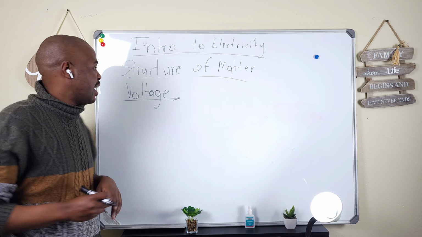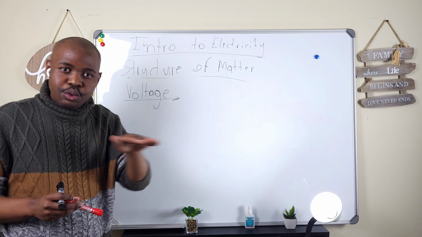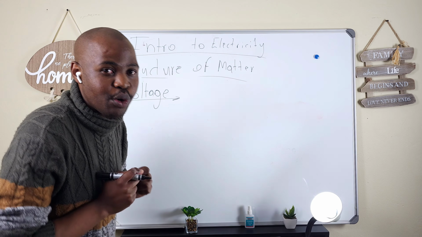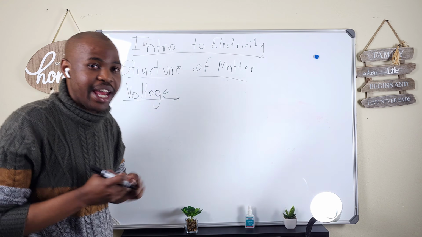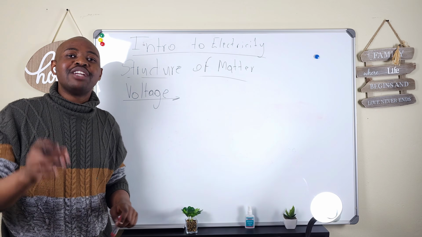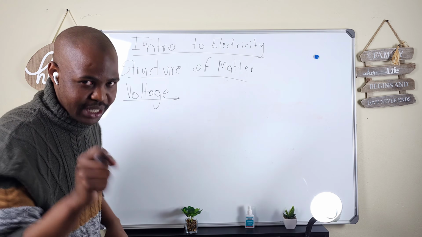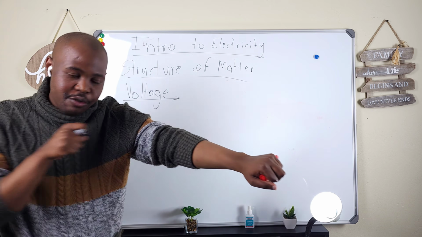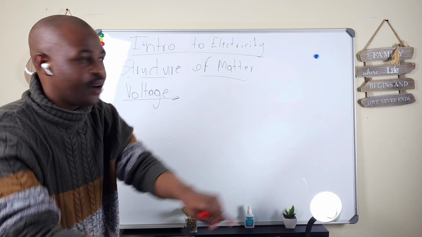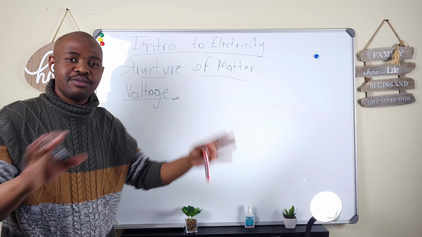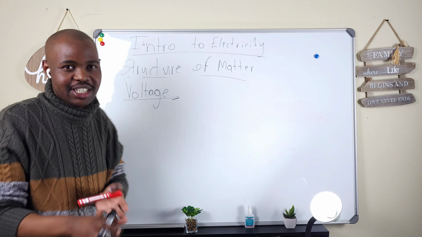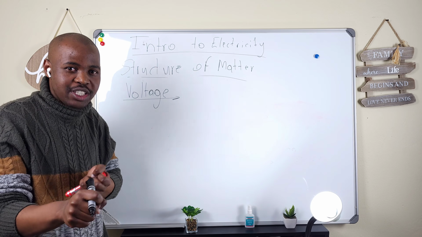They can also move through air, for example lightning, but you need a very high voltage to force those electrons to move through the air. That is why when we're talking of lightning, we are talking of extremely high voltages, meaning more force.